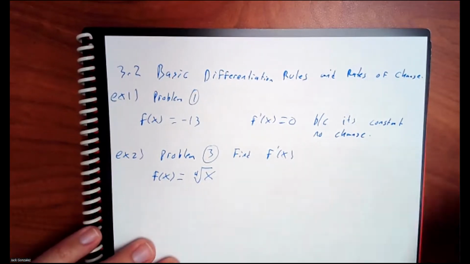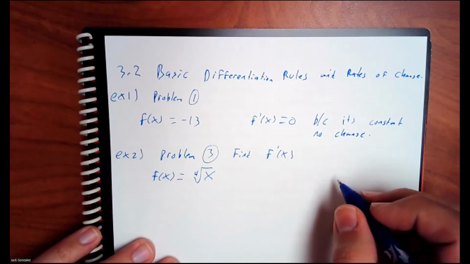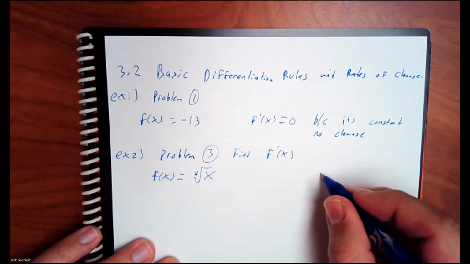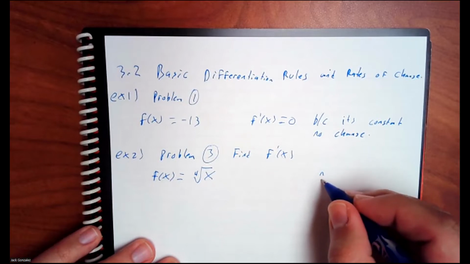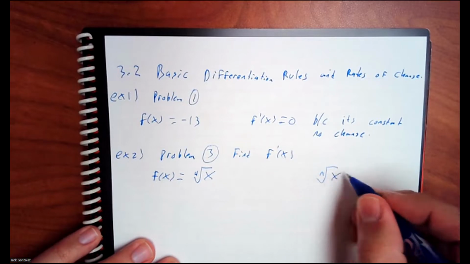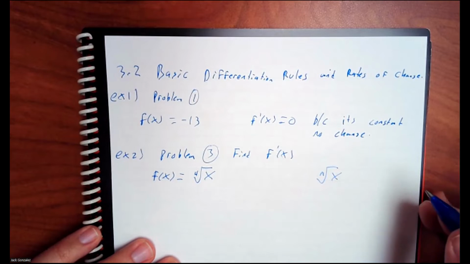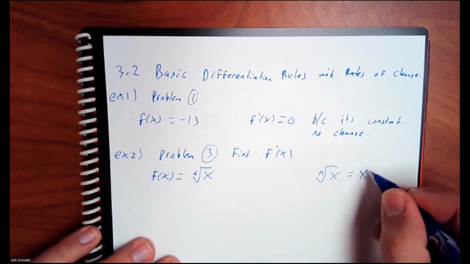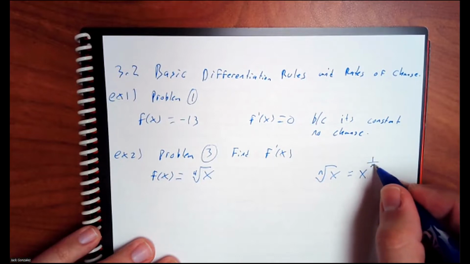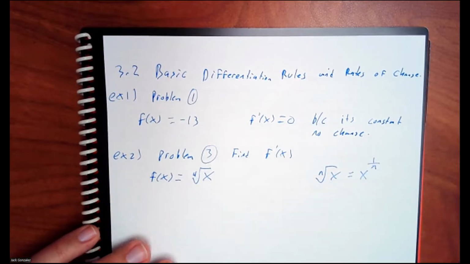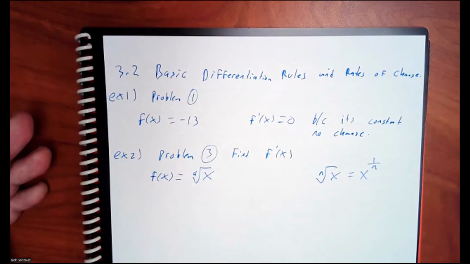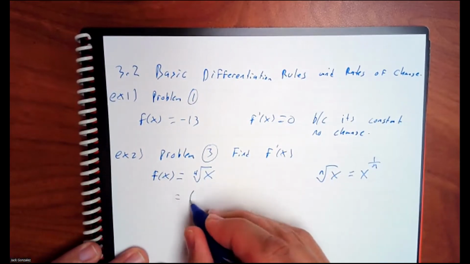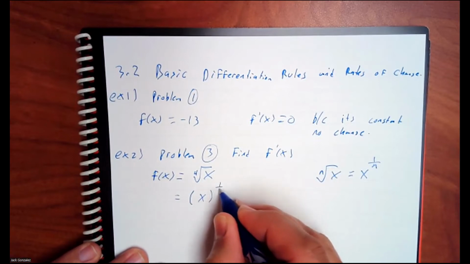This one might be further back in time. The nth root of x, where n is some positive number, can always be rewritten as a 1 over n power. So if you have a square root, that's a half power. If you have a 4th root, that would be a 1/4 power.